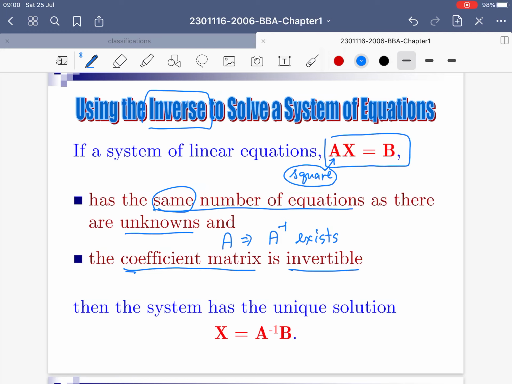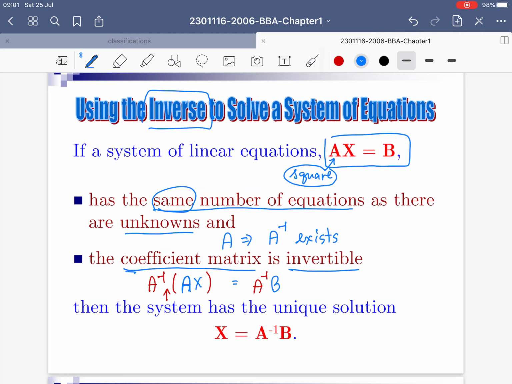Then you are going to do the multiplication on both sides. You multiply by A inverse here, and you multiply by A inverse here, and you need to do it at the left-hand side of your A, because as we mentioned a lot before, matrix multiplication is not commutative, so you cannot switch the order of your multiplication.